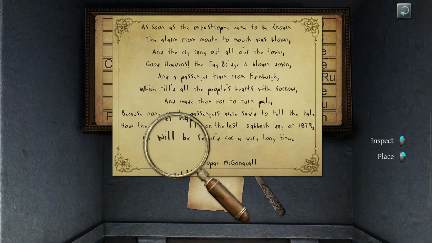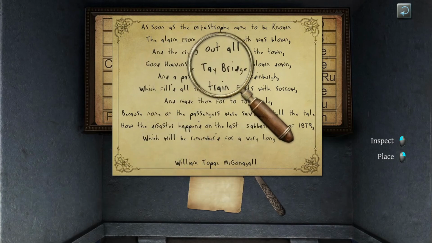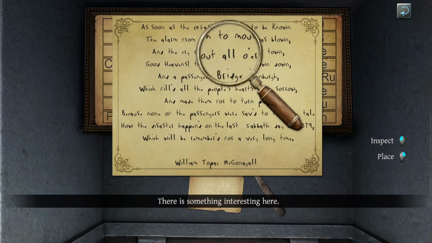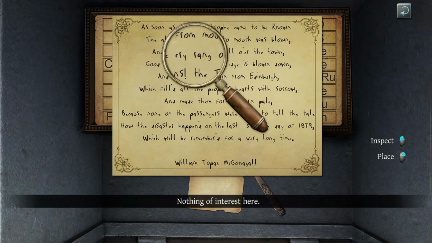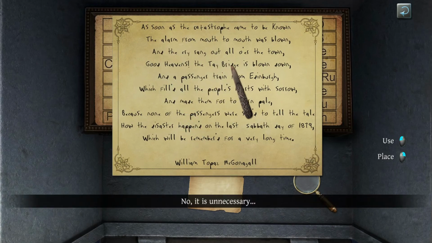It gets stuck on the lower corner. There is something interesting here. Nothing of interest here. Do I need to... No, it is unnecessary.